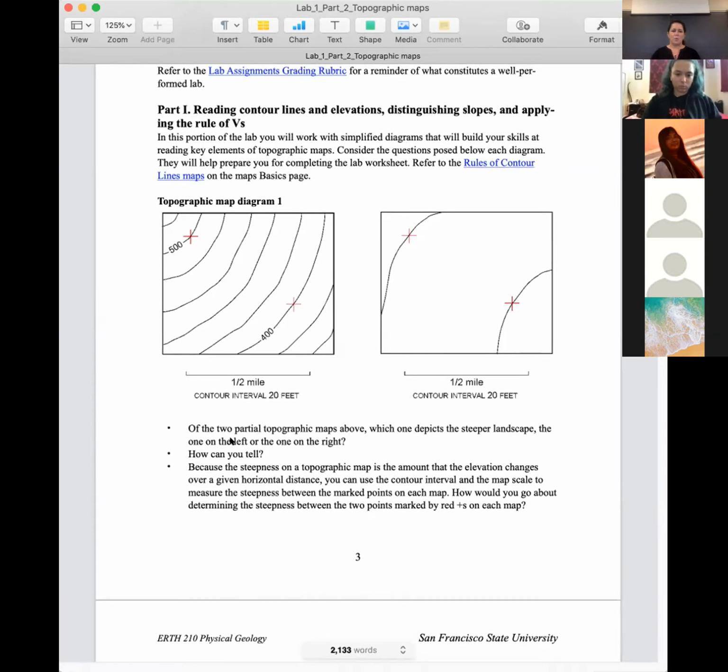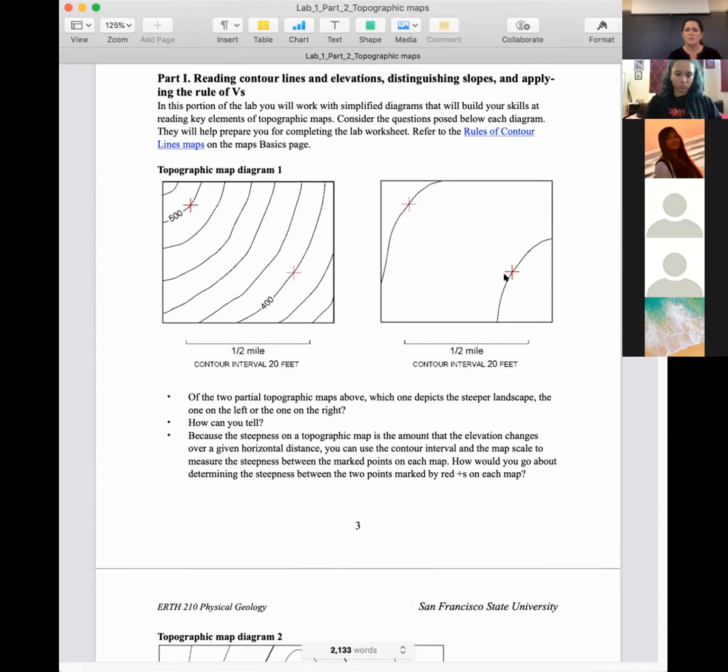Now imagine I'm on the right-hand side map, on this contour, on this red X, looking over there at that other X. And there's a difference of 20 feet in elevation, so it's 20 feet below me over there.